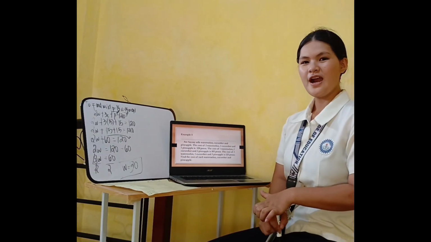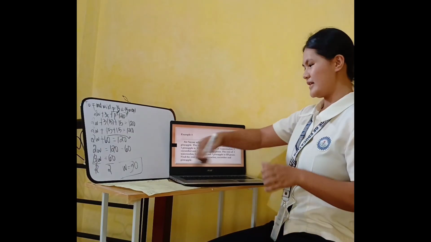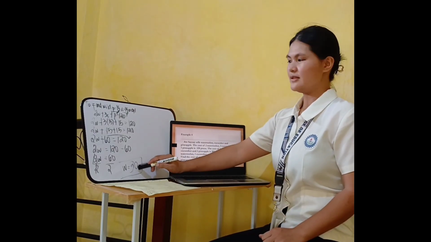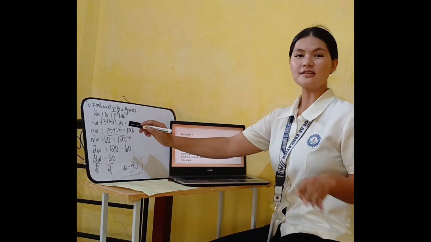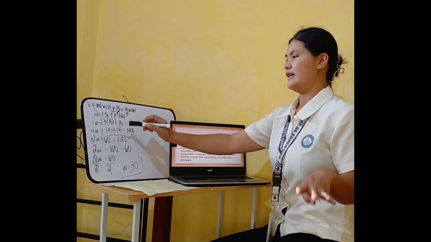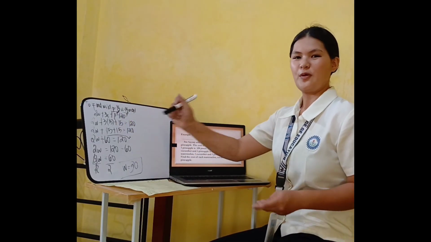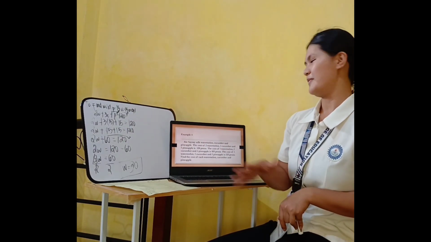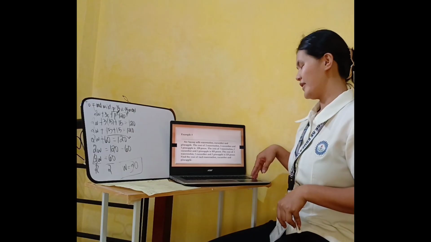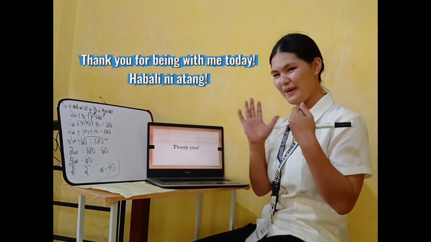So, therefore, the cost of each watermelon is equal to 30 pesos and the cost of each cucumber is equal to 15 pesos and the cost of pineapple each is 15 pesos also. So, that would be our last example for 3 variables.